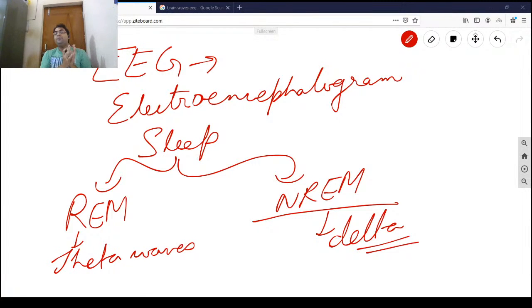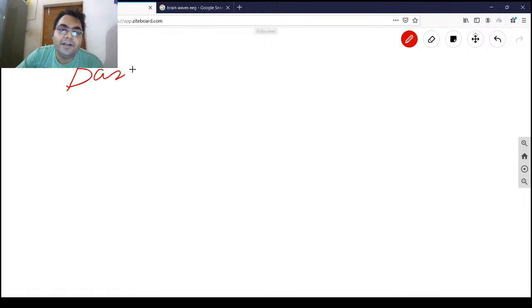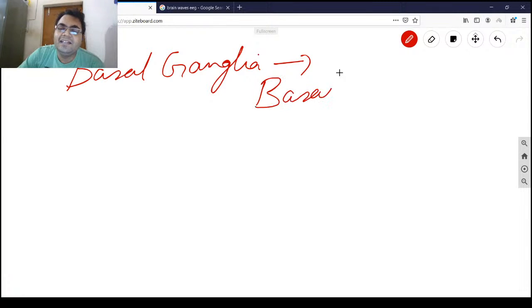But I'm calling it basal nuclei because in 2018 the nomenclature changed. It was called basal ganglia earlier, but now its name has been changed to basal nuclei.